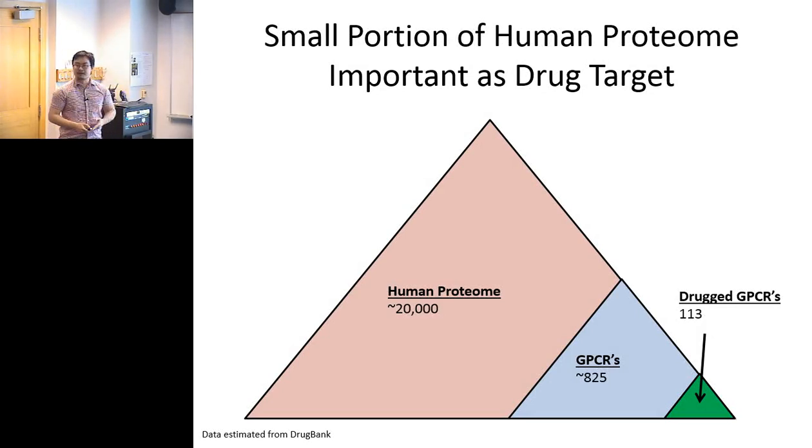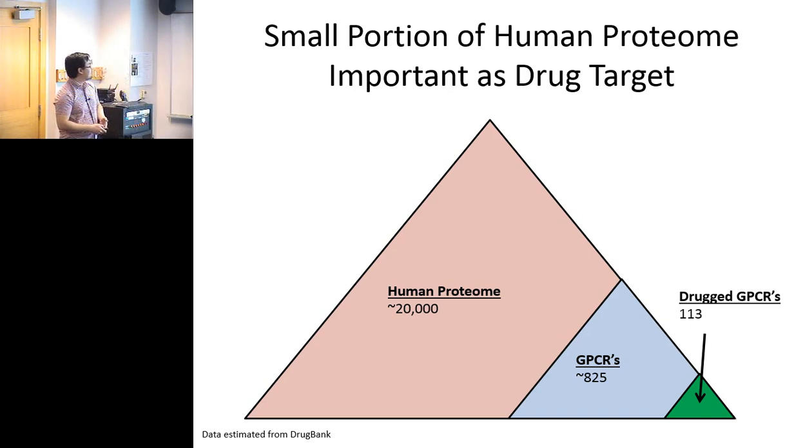So let's put this a little bit in perspective here. The human proteome has roughly 20,000, plus or minus, proteins, right? Out of these, in humans, roughly 825 to 1,000, it really depends on where you get your source, are GPCRs. And out of these 825 GPCRs, roughly 113 are actually drugged or druggable, meaning there have been drugs released for these GPCRs.